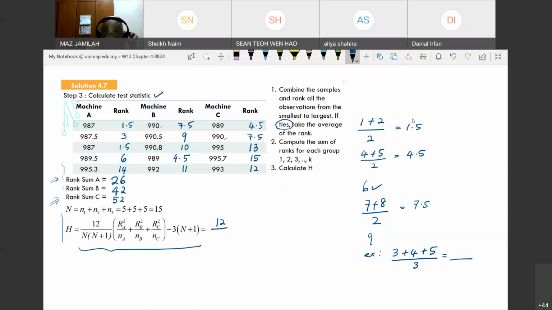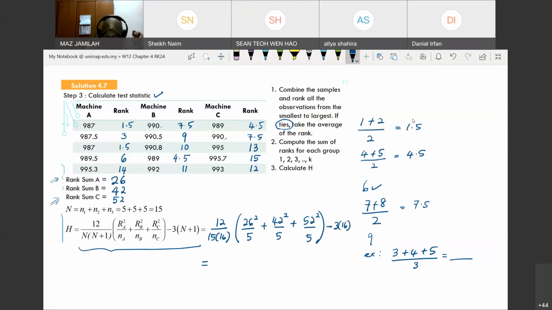So 12 divided by 15 multiplied by 16, multiplied by 26 squared over 5 plus 42 squared over 5 plus 52 squared over 5, minus 3 multiplied by 16.